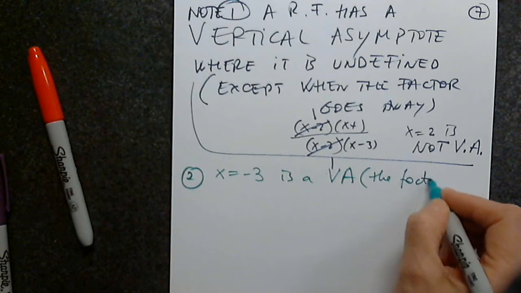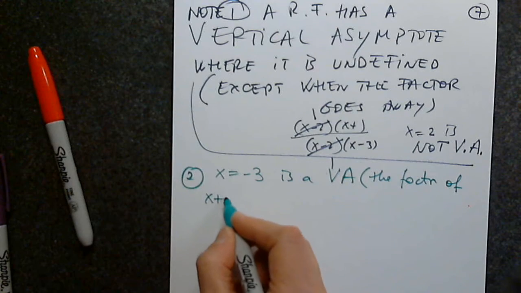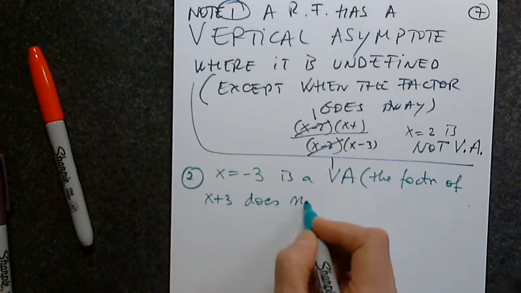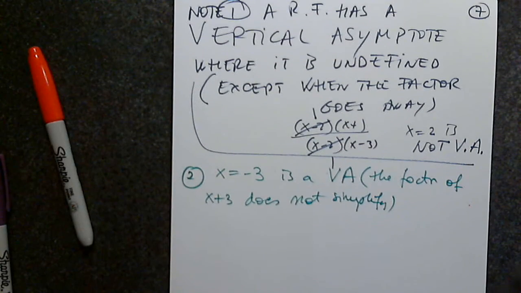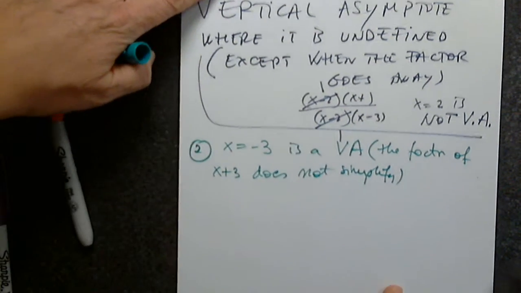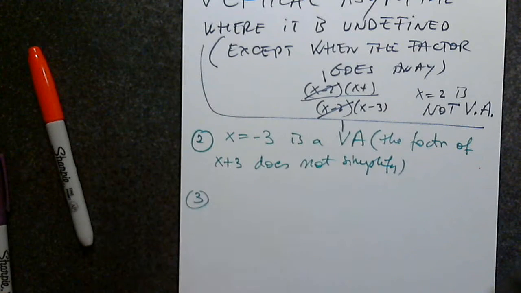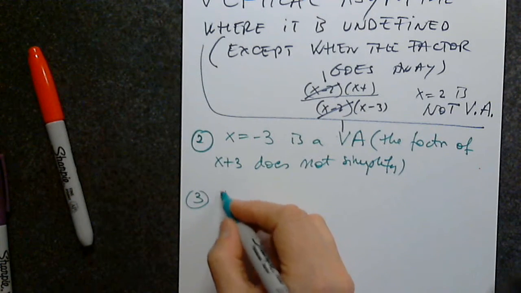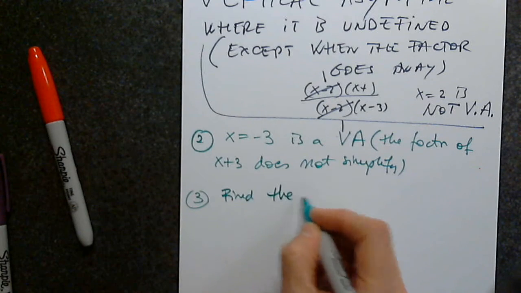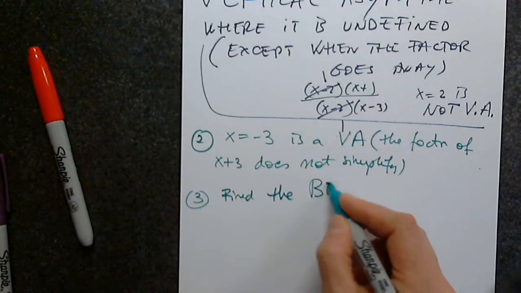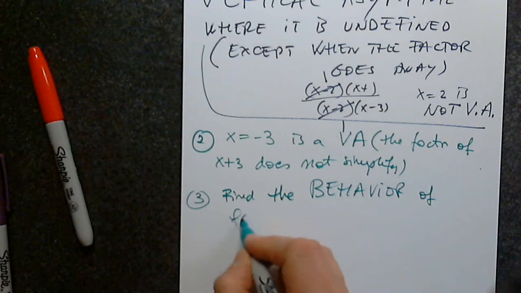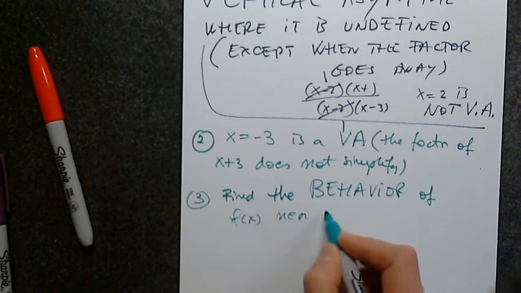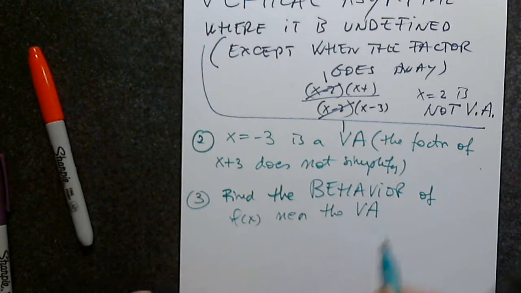The factor of x plus 3 does not simplify. In step number 3, I must find the behavior of f of x near the vertical asymptote.